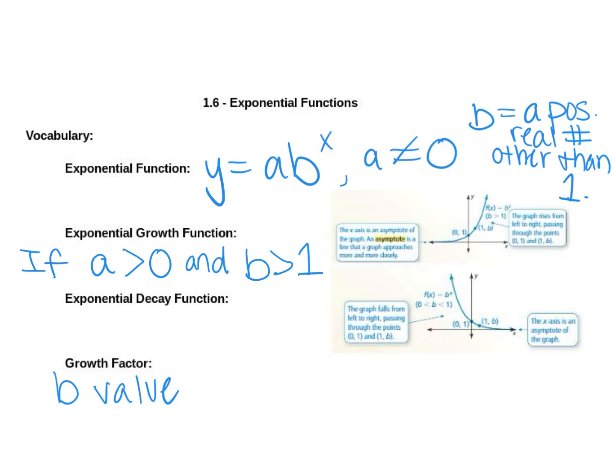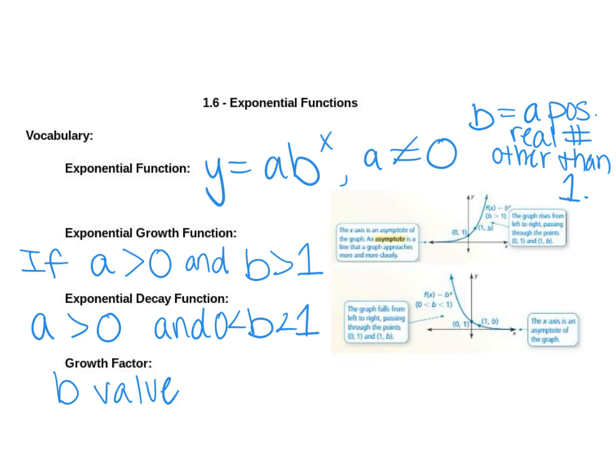And if you have an exponential decay function, that's kind of the opposite, where a is greater than 0 still, okay, and your b value is greater than 0 but less than 1.